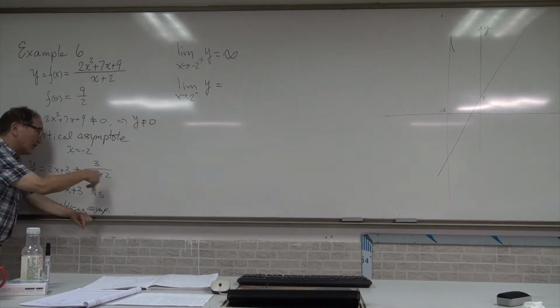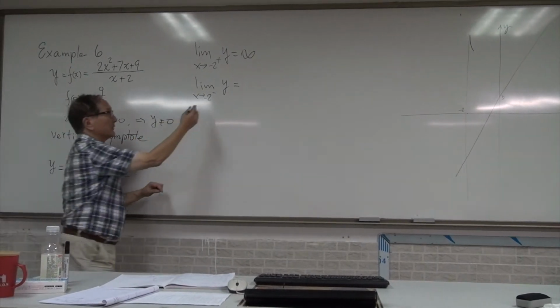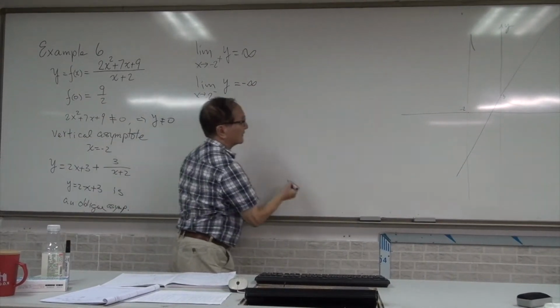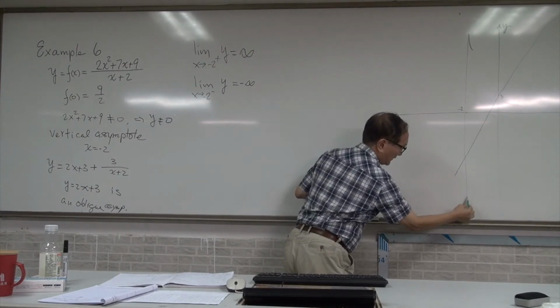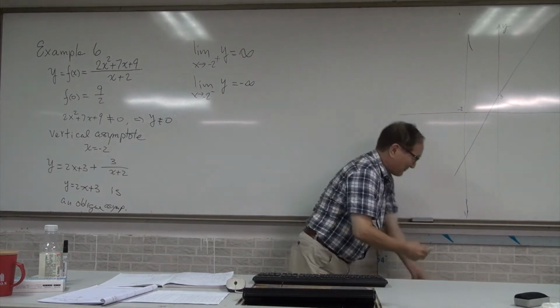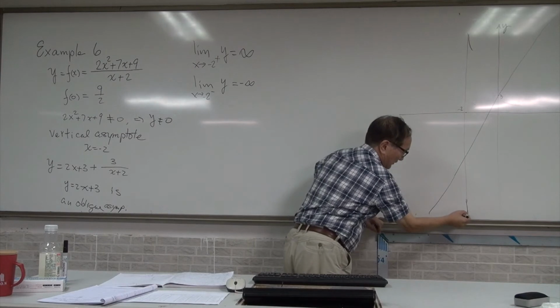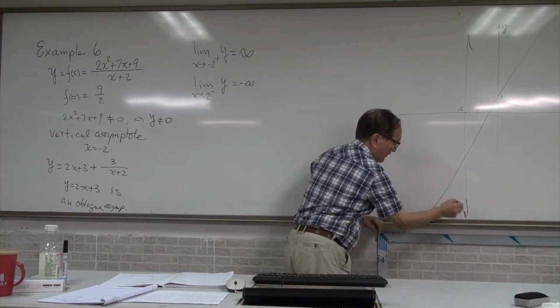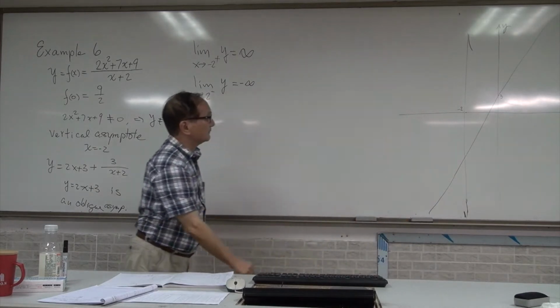So overall, it will be negative infinity. That means somewhere here, somewhere down there, very far away. Do you see that? When x approaches here, y is negative infinity.